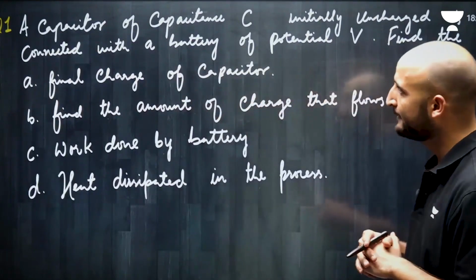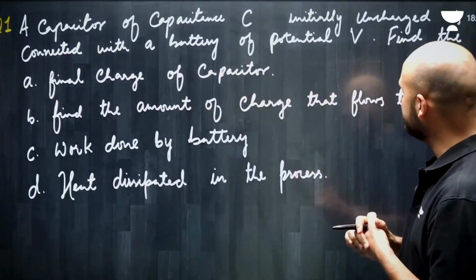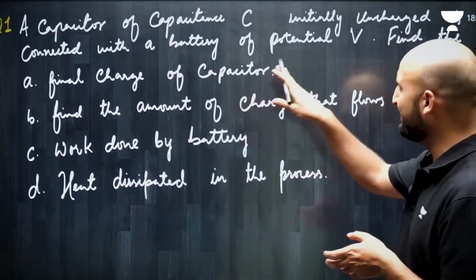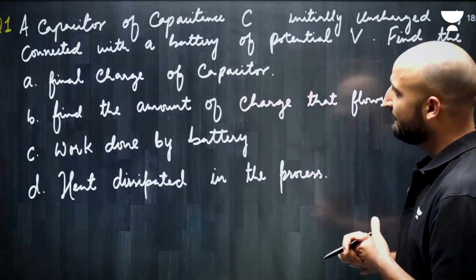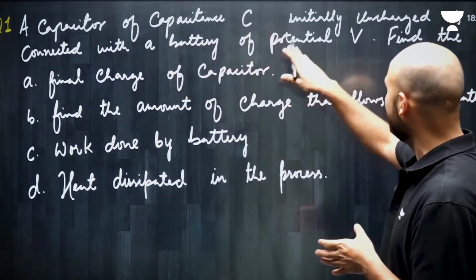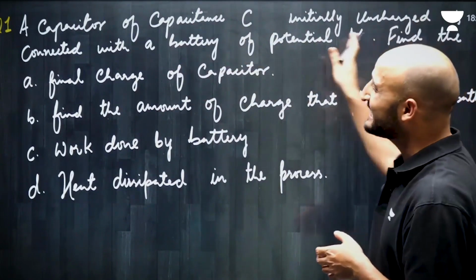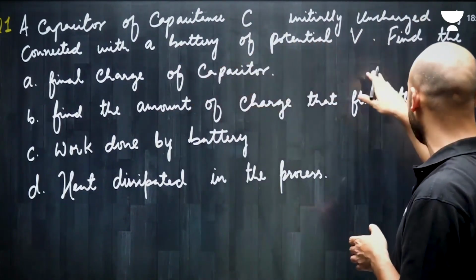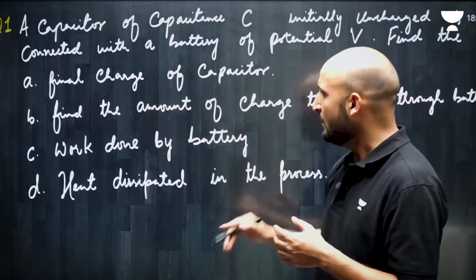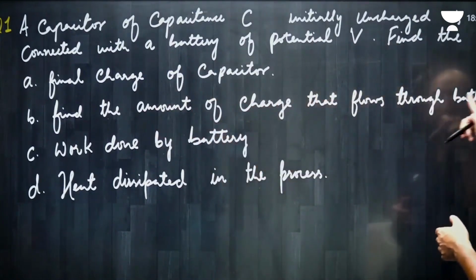A capacitor of capacitance C, initially uncharged, is connected with a battery of potential V. Find: number 1, the final charge of the capacitor. Number 2, the amount of charge that transfers through the battery.